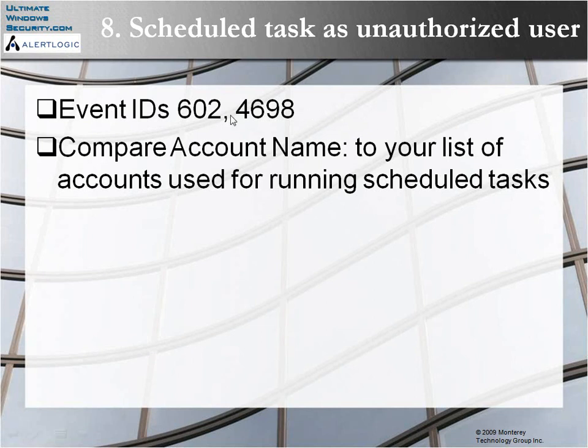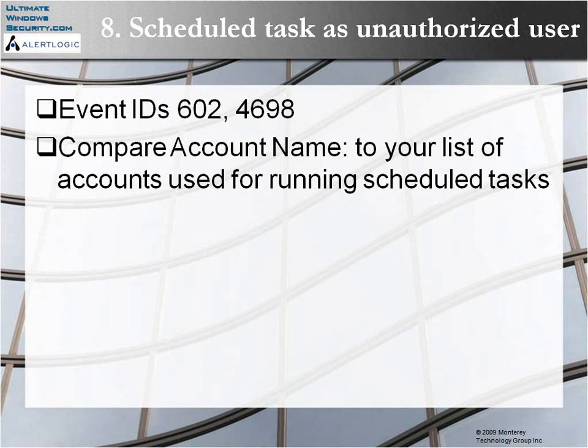So first of all, the event that tells us that a new scheduled task was created is either 602 or 4698. But what you could do is compare the account names to a predetermined list of account names. Either that would be the folks authorized to schedule scheduled tasks, or perhaps you have an account that is used to execute all scheduled tasks.